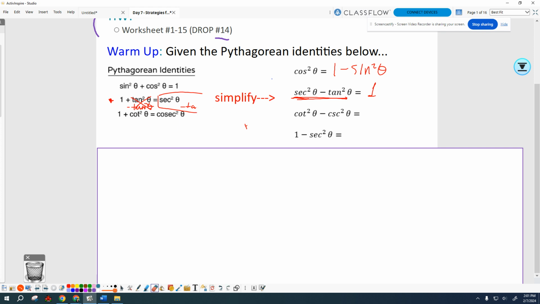Samara, which one of these three, top, middle, or bottom, uses cotangent squared? The bottom one? I'm sorry, they wrote this one weird. So Tori, what am I going to do to get this?